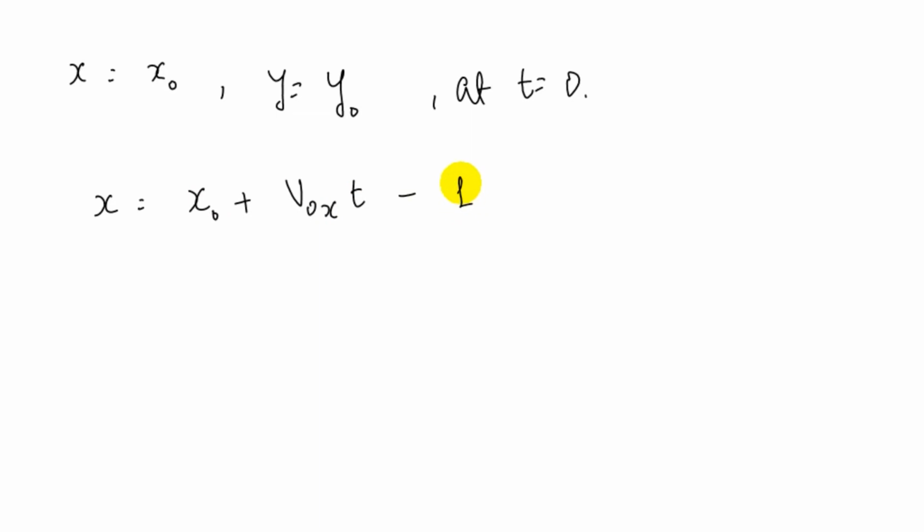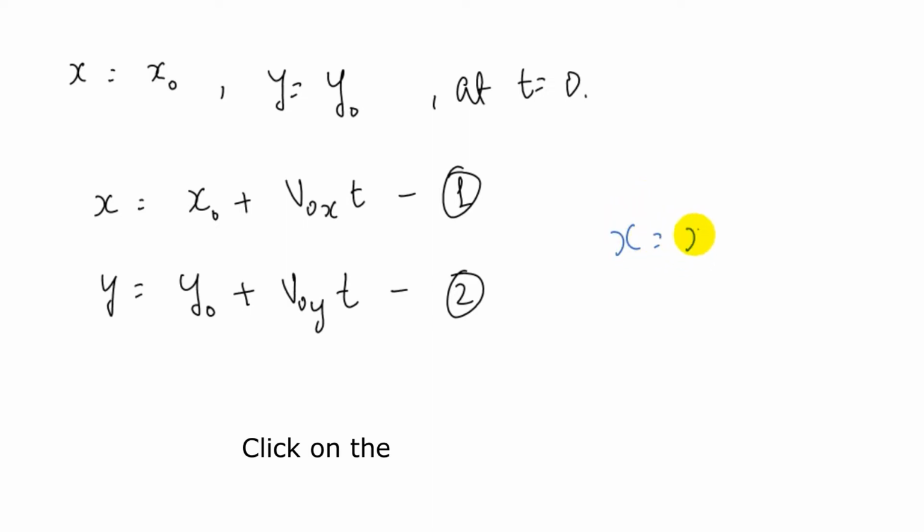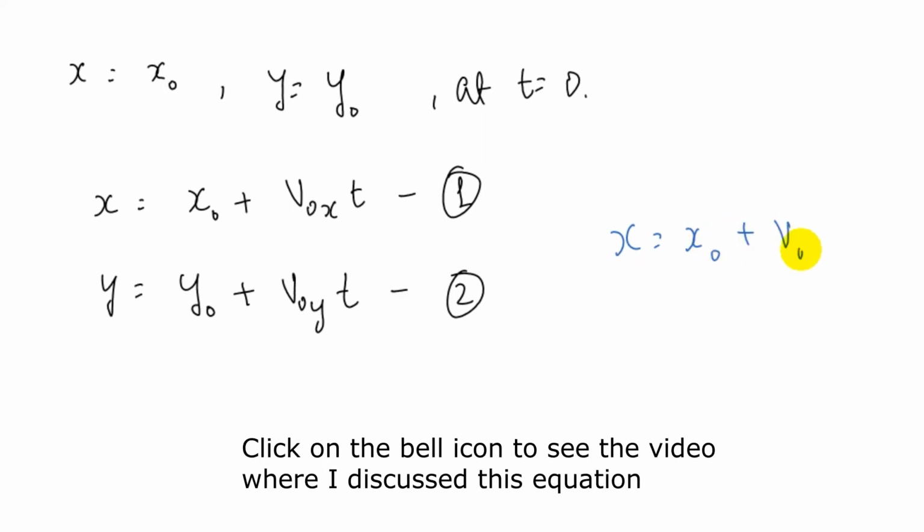This is equation 1. And second equation, in y direction, y equals y naught plus v naught y times t. This is the second equation. Now if you compare these equations with the equation that we derived in the second chapter, which was position as a function of time in one dimension, it was x equals x naught plus v naught t plus 1 over 2 a t square.